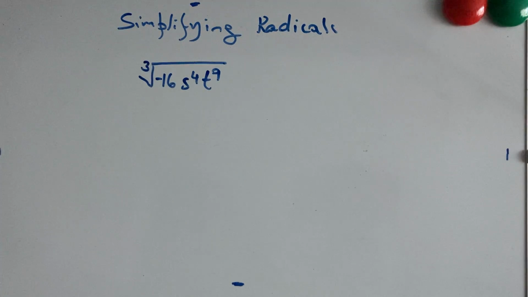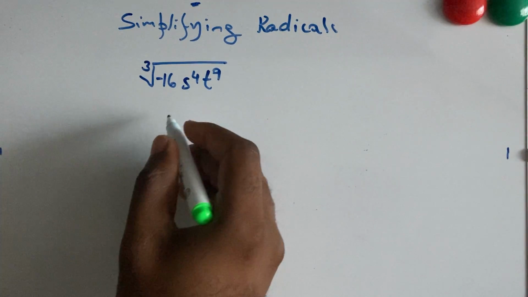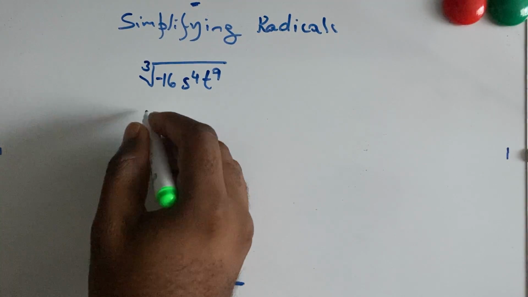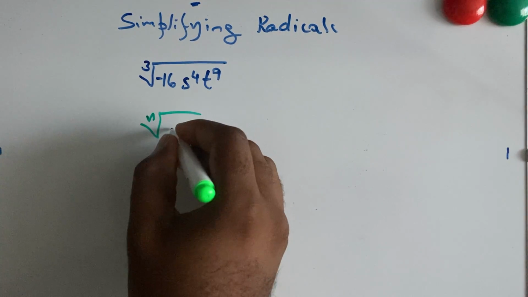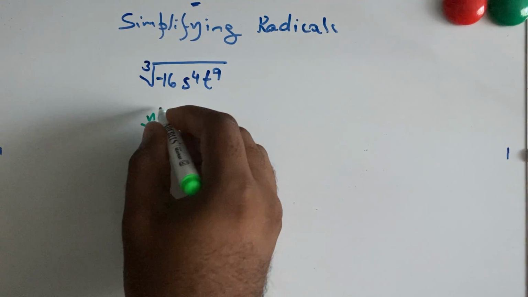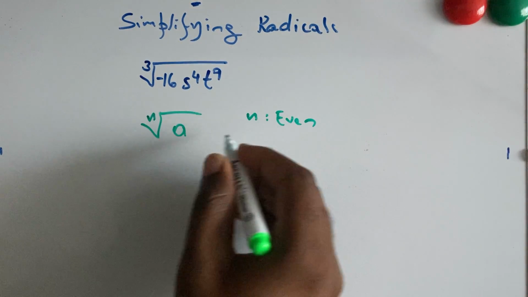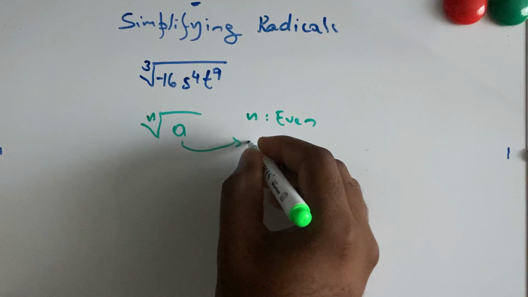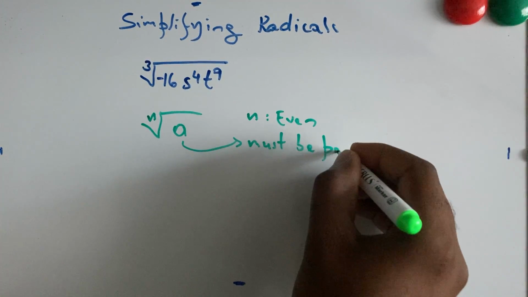Okay, now one thing to remember here, guys, is that if you had to find the even root, for example, if the index is even, for example, of a number a, now if the index is even, if n is even, then what you have here must be positive.